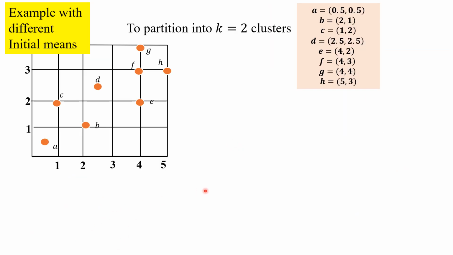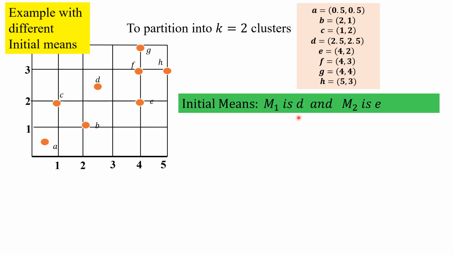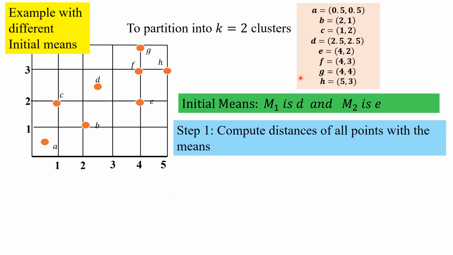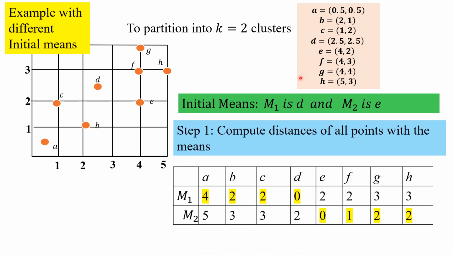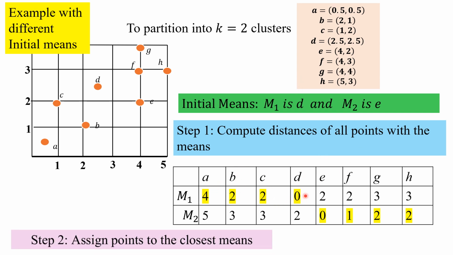Now we come back to the same example with different initial means. The problem statement is the same, 8 points, 2 clusters, and let the initial means now be D and E. D is (2.5, 2.5) and E is (4, 2). We compute the distances again and assign points to the closest means.